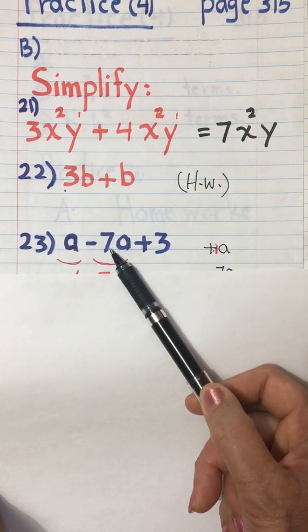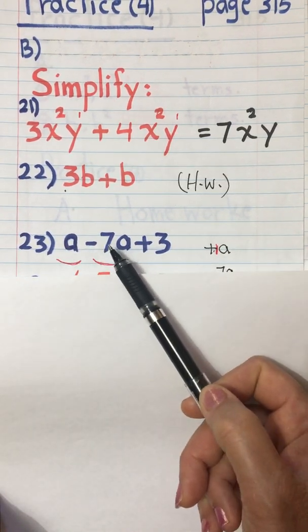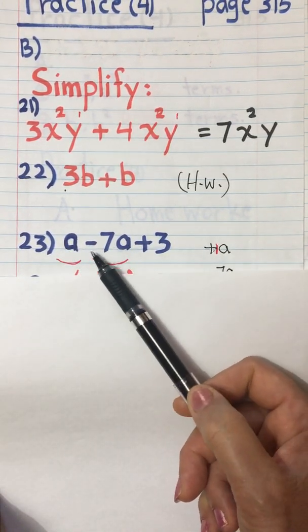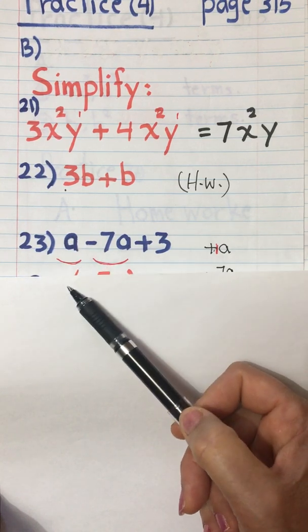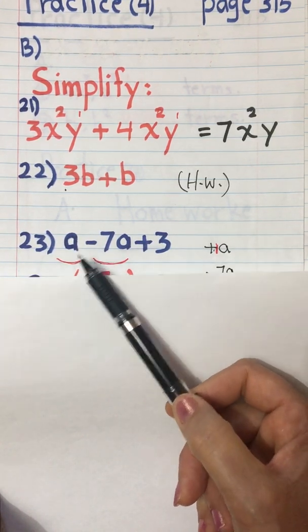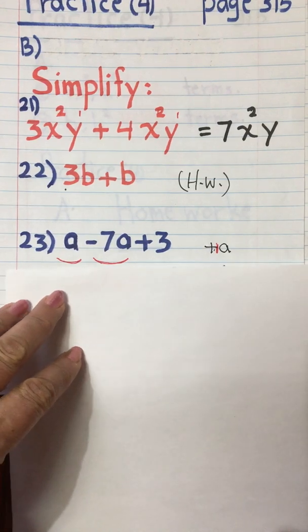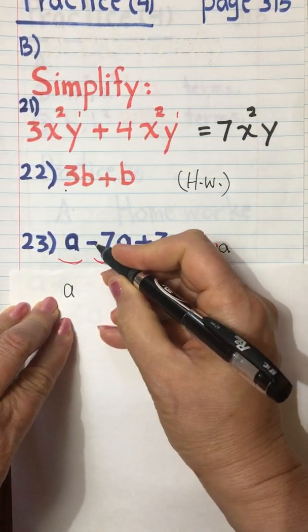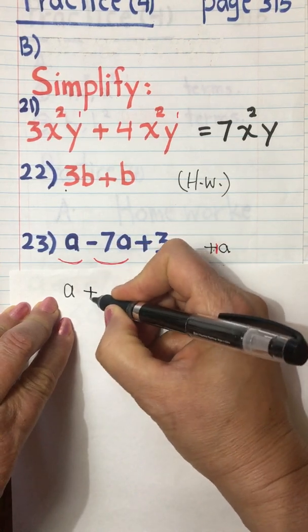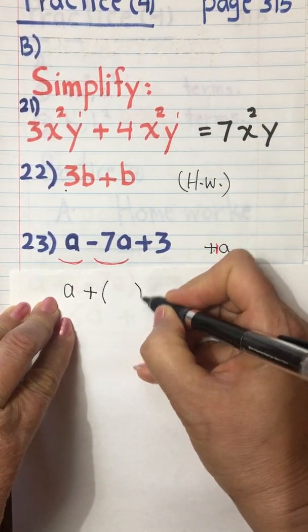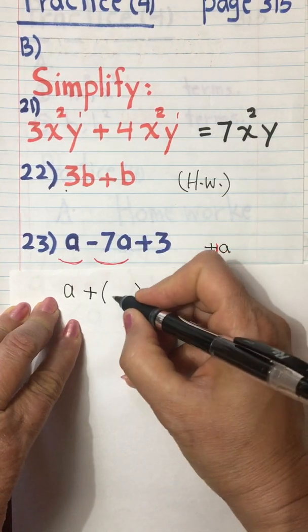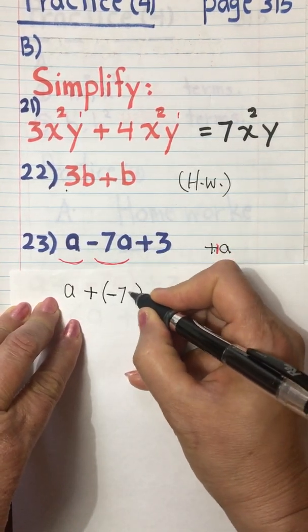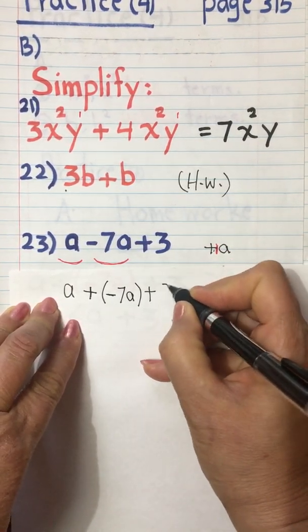So the first and the second one are like terms. So the first step, I'm gonna write down A, then I'm gonna change the negative to a positive, and the opposite number for 7a is negative 7a, and put plus 3 down.